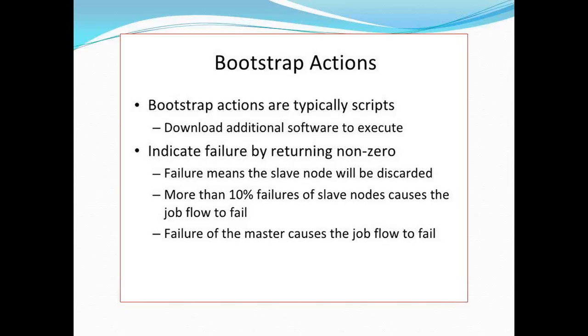When a non-zero result comes in, it indicates a failure, and you can configure what failure percentage you want to mark as a failure. If 10% of the overall slave nodes are returning a negative output, then you mark it. So that percentage can be controlled.